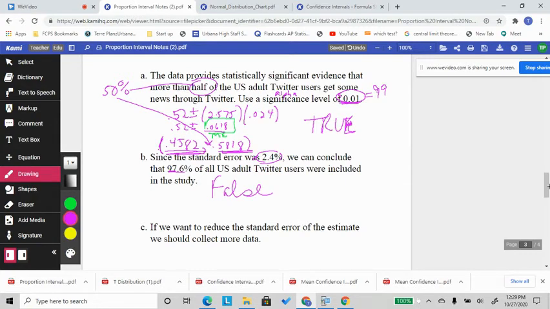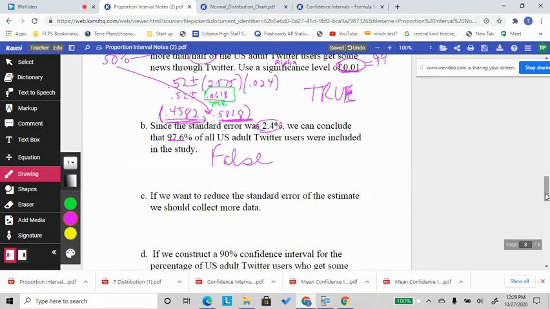Okay, if we want to reduce the standard error, we should collect more data. So the standard error in a proportion, look at your proportion formula. You have p hat plus or minus z, and then you usually have p hat q hat over n. That's your formula. This is your standard error.